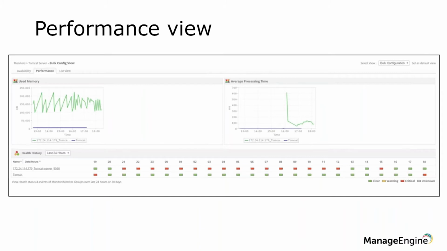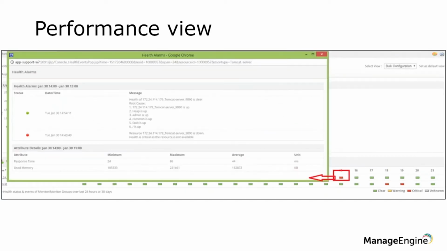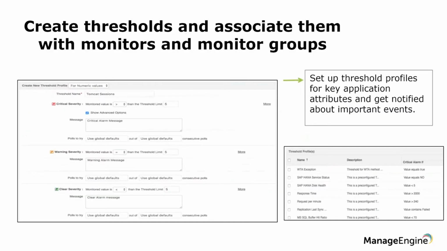For example, in the Applications Manager UI, under Bulk Configuration View, you can find the Performance tab where the hourly health information of the monitors is present. If you click on the hourly data, you will be able to find the reason why the monitor was in critical state. Based on this data or report, we can create thresholds.